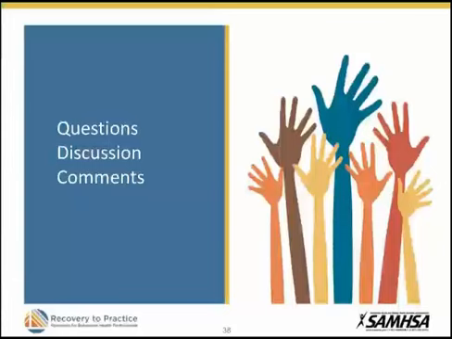A number of people in the audience have asked if CTR can also be done with people with other diagnoses, or who are not diagnosed with schizophrenia, or may have primarily an addiction diagnosis. Yes, definitely.